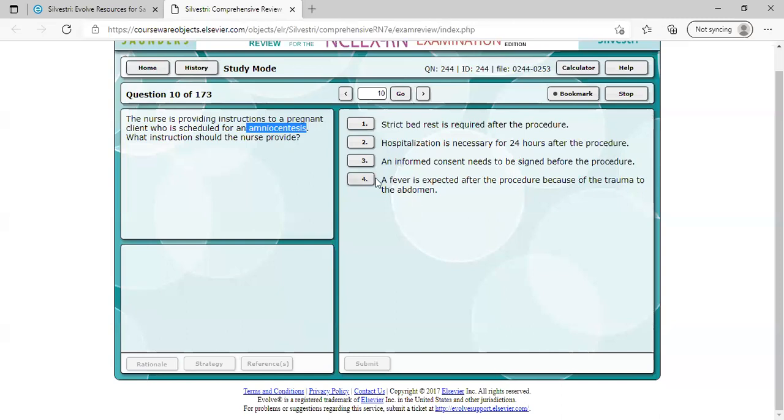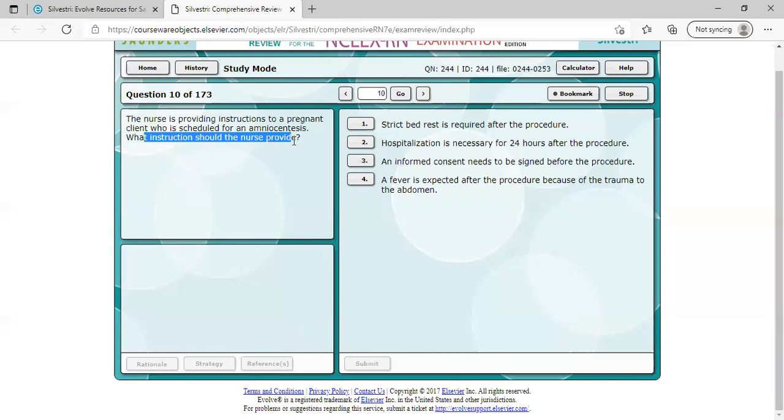Number three, an informed consent needs to be signed before the procedure. So this is the instruction the nurse provides to the pregnant client who is scheduled for amniocentesis. What instruction should the nurse provide?